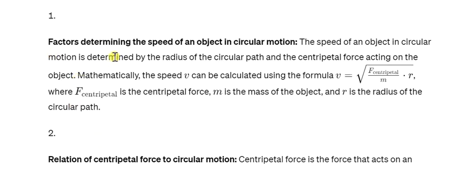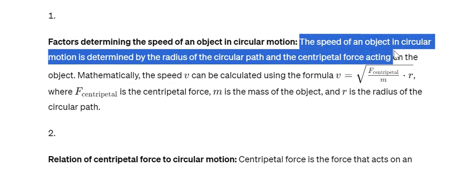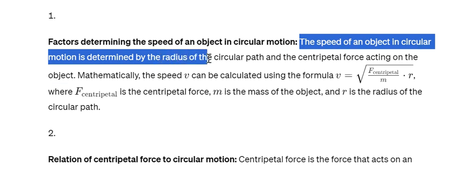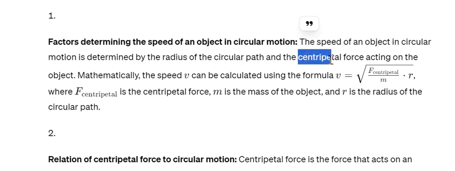Now, the answer of the first question is factors determining the speed of an object in circular motion. Okay, the speed of an object in circular motion is determined by the radius of the circular path and the centripetal force acting on the object. There are two factors. First is the radius of the circular path, and another one is the centripetal force which is acting on that object.